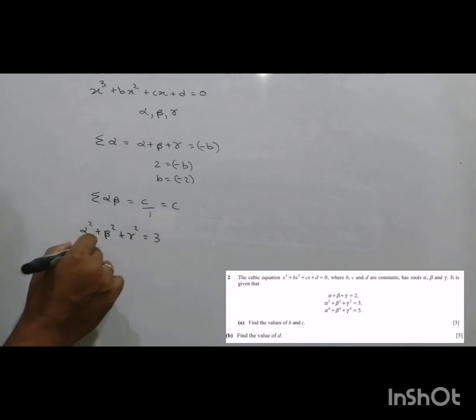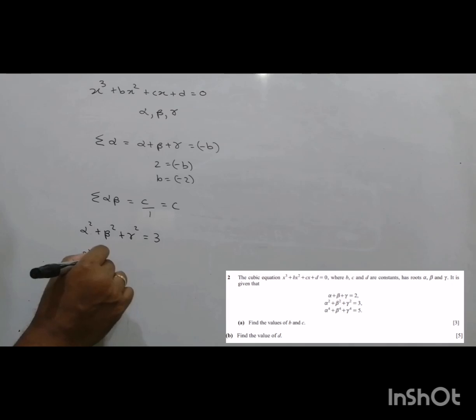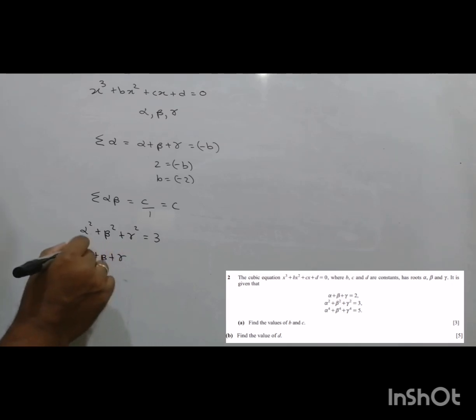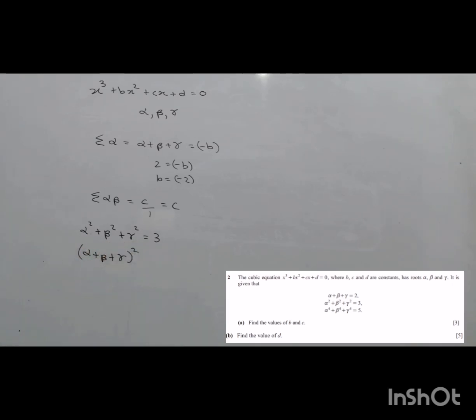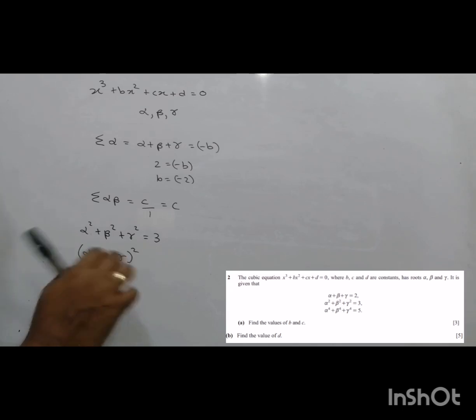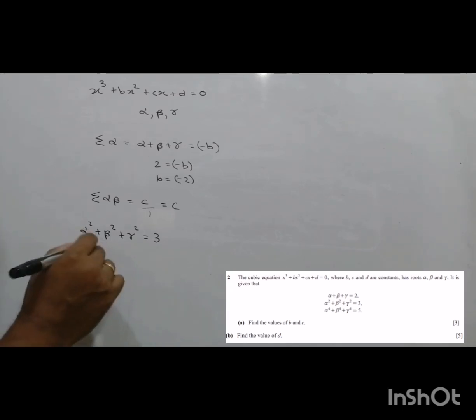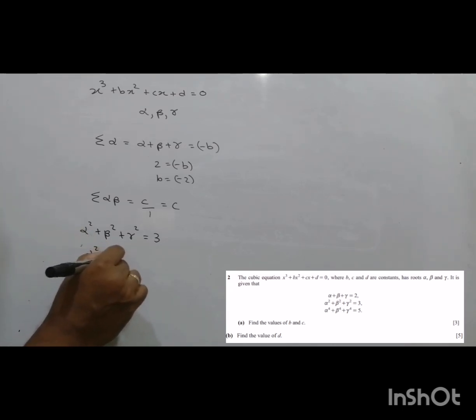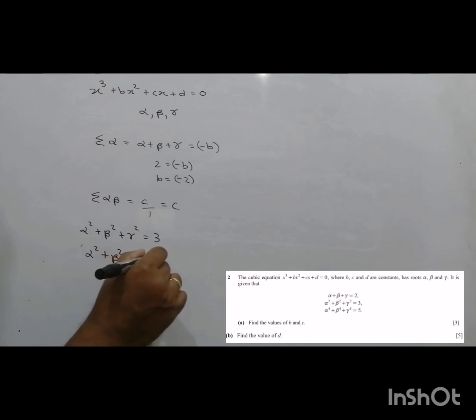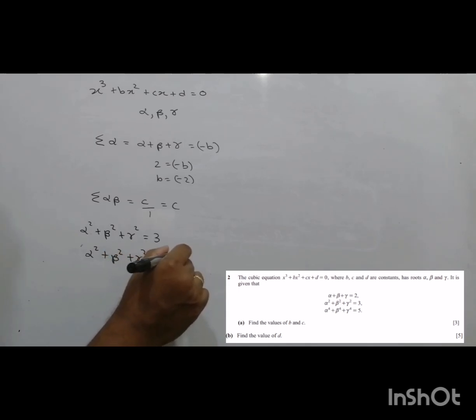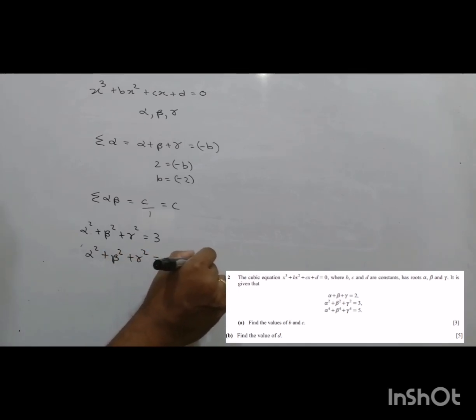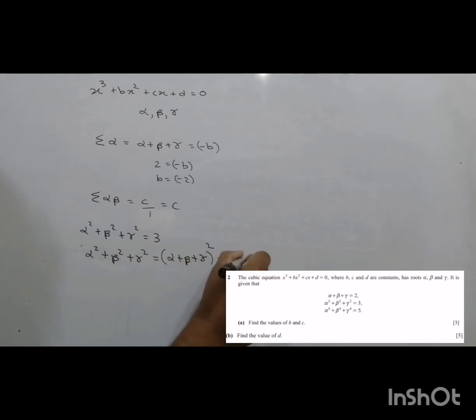Now we can say that alpha squared plus beta squared plus gamma squared is equal to alpha plus beta plus gamma, the entire thing squared, minus twice sigma alpha beta.